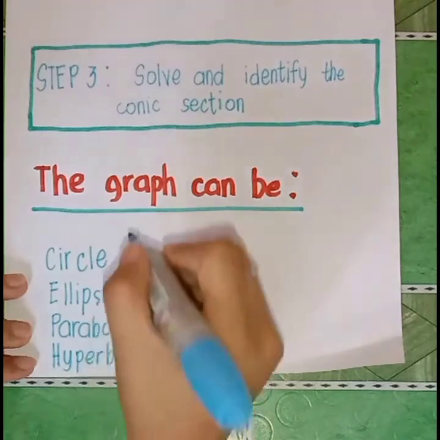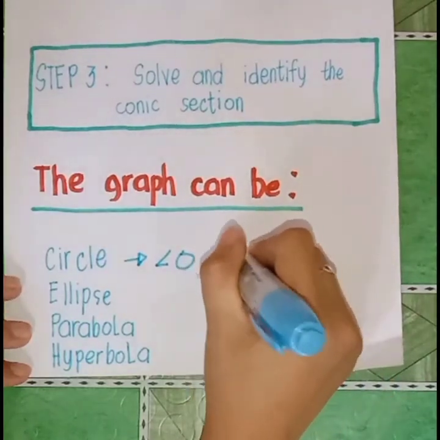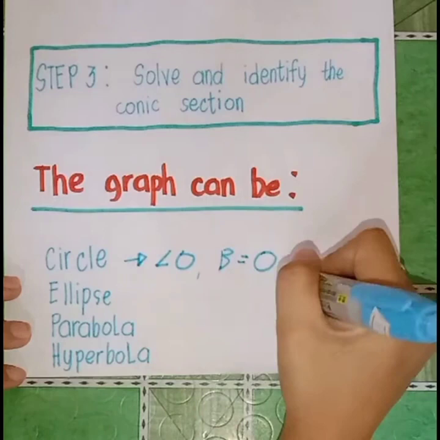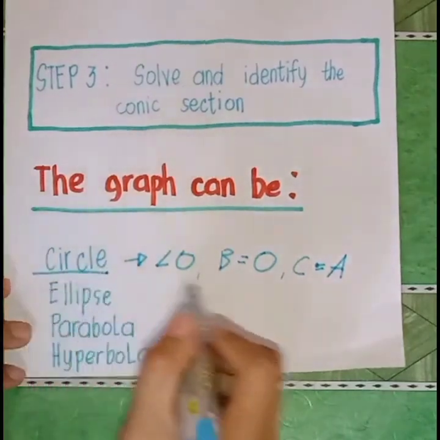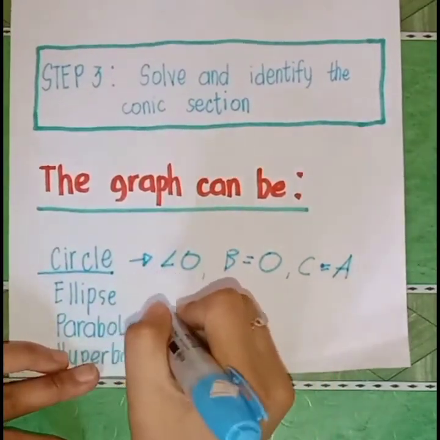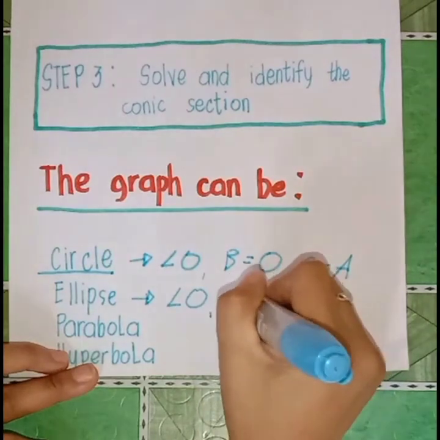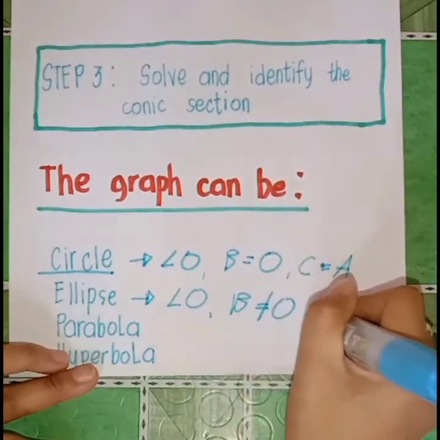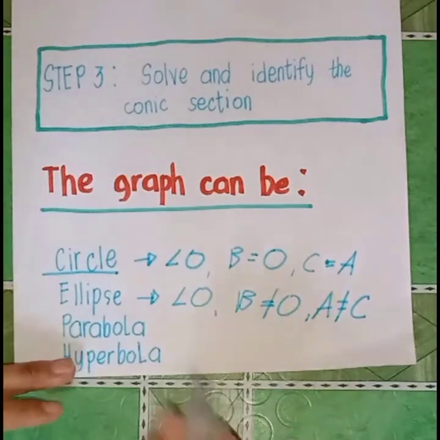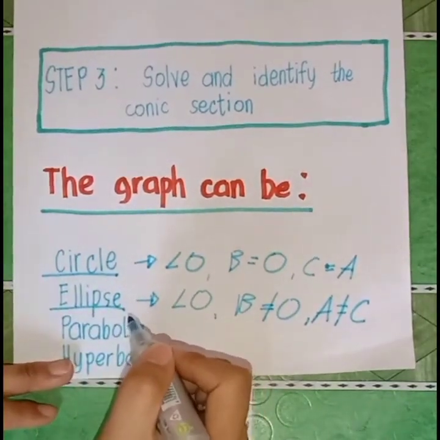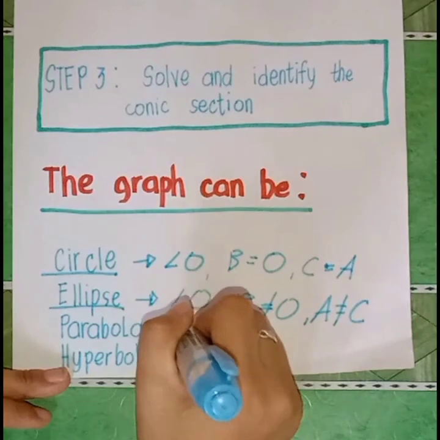It's a circle if the discriminant is less than 0, B is equal to 0, and C is equal to A. It is an ellipse if the discriminant is less than 0 and either B is not equal to 0 or A is not equal to C. It is a parabola if the discriminant is equal to 0.